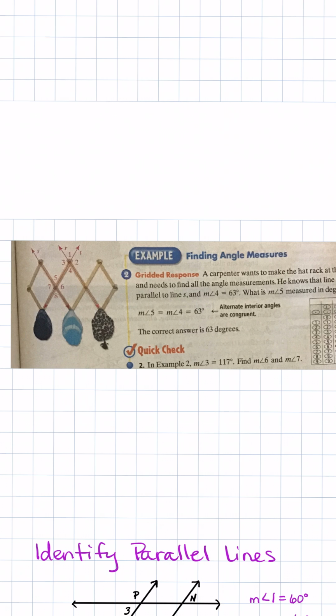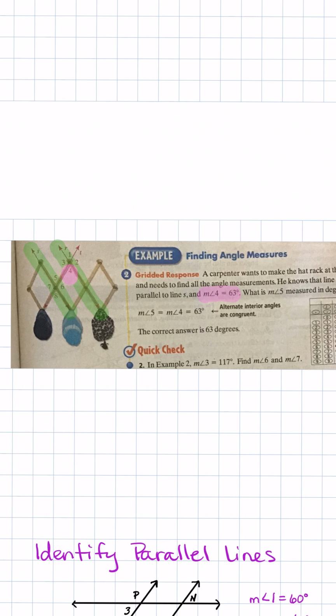So, a carpenter wants to make the hat rack at the left and needs to find all the angle measurements. He knows that line R is parallel to line S. The measurement of 4 is 63 degrees.